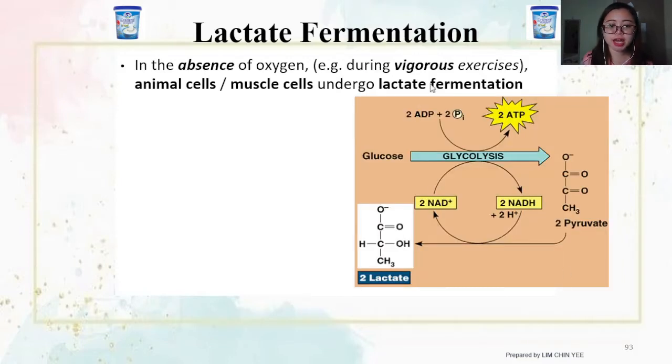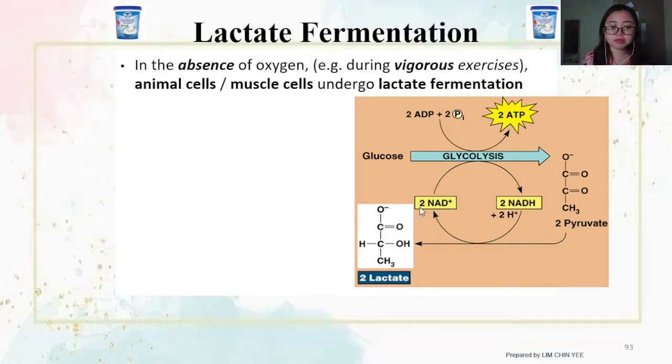Lactate fermentation happens like you see in this diagram. So, untuk lactate fermentation, kita akan start dengan glucose. Glucose akan dipecahkan kepada dua molekul pyruvate melalui glycolysis. So, during glycolysis, you're going to generate two molecules of ATP via substrate level phosphorylation.